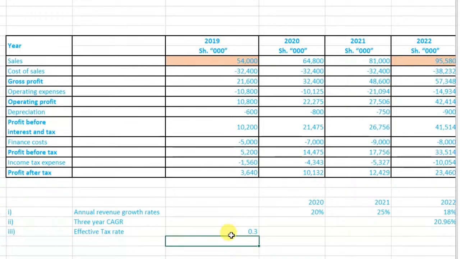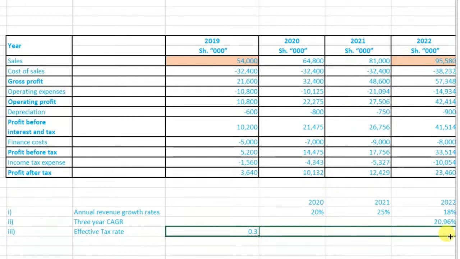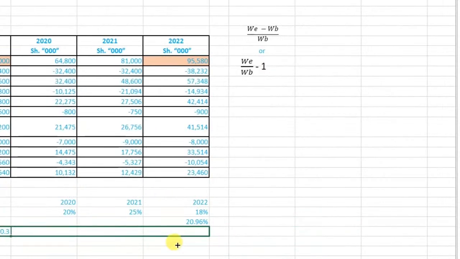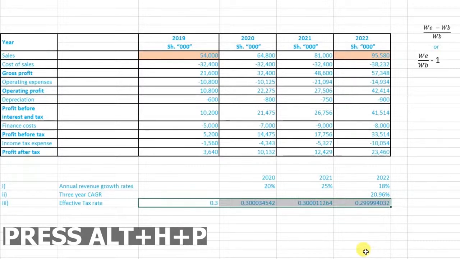But we want it in percentage form. So we first of all drag the formula until you see that plus sign, ladies and gentlemen, not this plus sign, you drag it to the bottom right hand corner until you find that plus sign, you drag it like that, and you should be able to get the tax rate like that. Remember what we did? Alt H, then we press P for percentage.